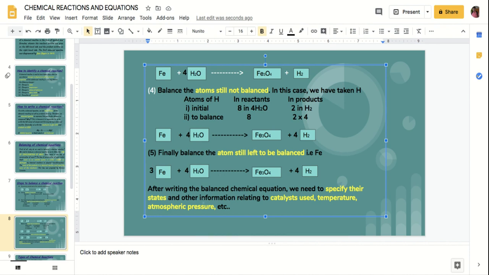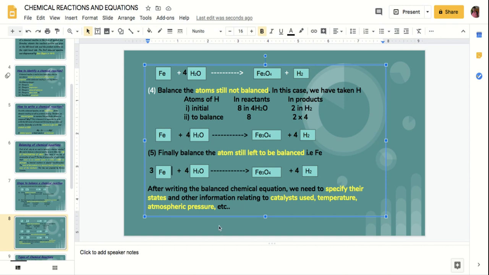Now, after writing the balanced chemical equation, this point is to be taken into consideration. After writing the balanced chemical equation, we need to specify their states, meaning in which state they are present. Here, the Fe is present in solid form.